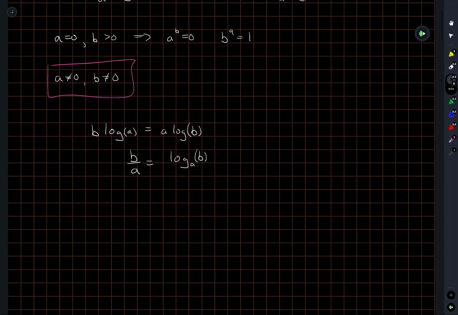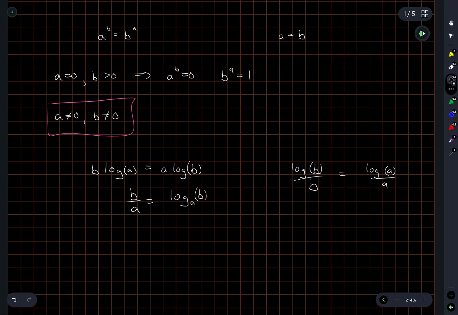Or maybe it's better to write log b divided by b is equal to log a divided by a. So we see again, a equals b is going to be a solution of this.